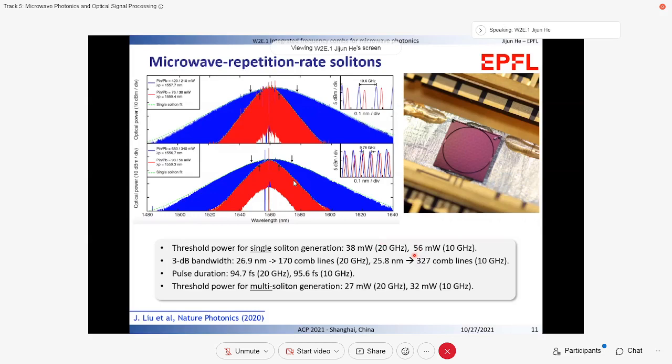The 3 dB bandwidth for the 20 GHz soliton is around 27 nanometers with more than 170 comb lines. For the 10 GHz soliton, the 3 dB bandwidth is around 26 nanometers with comb lines more than 300. So the right photo shows a typical packaged 10 GHz silicon nitride chip on submount.